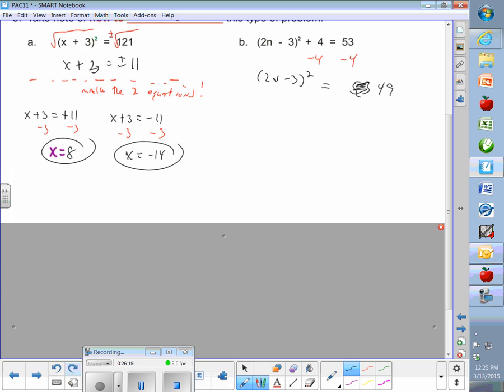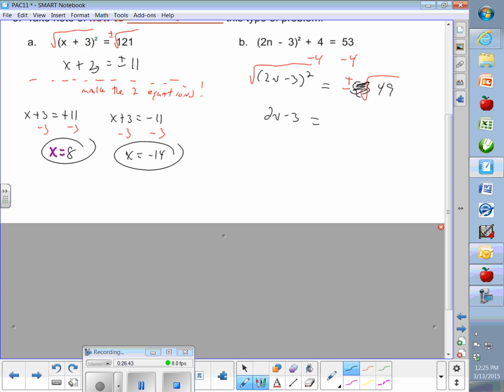Everybody with me? Okay. I'm now ready to square root both sides, right? And I'm not going to forget the plus minus. Hey, Lauren, can you tell me what the left becomes? 2n minus 3. Awesome, right? Square roots undo squares.